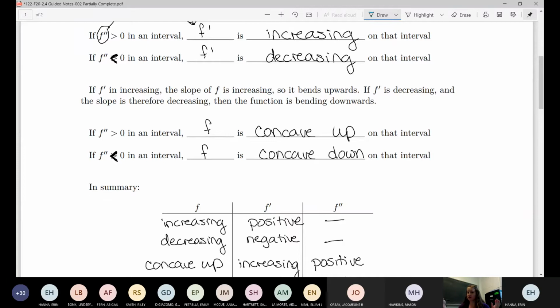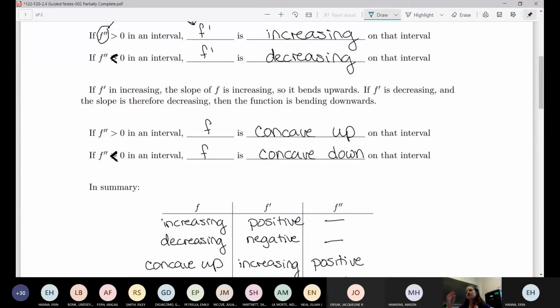Since the derivative is a function, we can take its derivative. So essentially what the second derivative is, in the context that we care about, is that it's telling us how the slopes are changing over time.